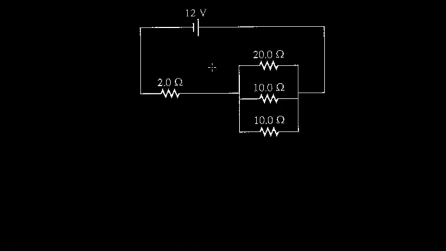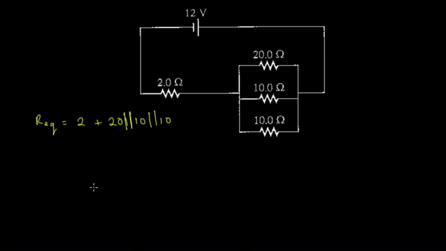So let's start this one. This one is a bit tricky. We have REQ equal to 2 plus, then all these are in parallel: 20 in parallel with 10 in parallel with another 10.